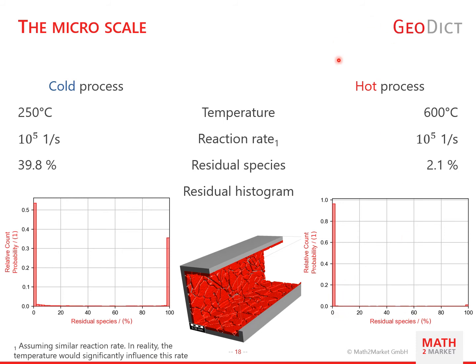While on the hot process side, we have only a really small amount of molecules that did not enter this red region. So almost all particles, all molecules have entered this red material and have fulfilled their reaction.